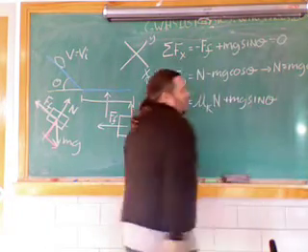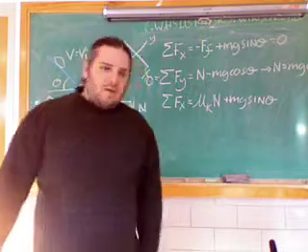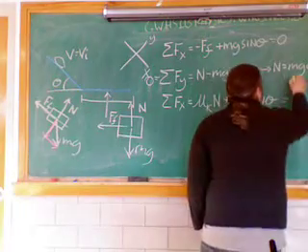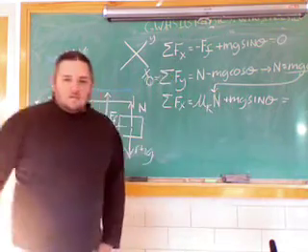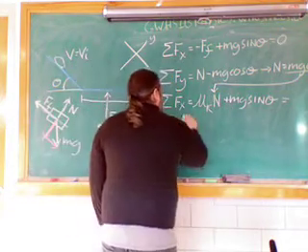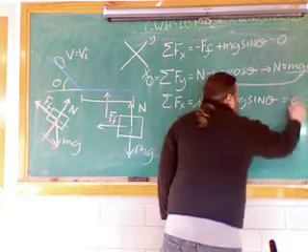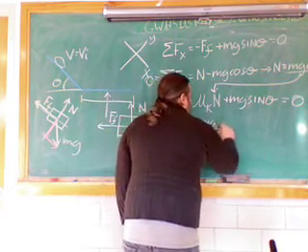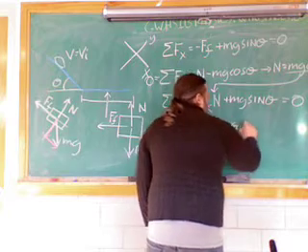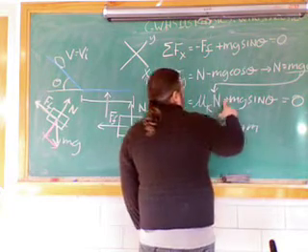I can take this, plug it into there, and I'm left with mu k, that's all equal to 0, mu k mg cosine theta, oh, not a plus, this is negative. There we go. That makes sense.